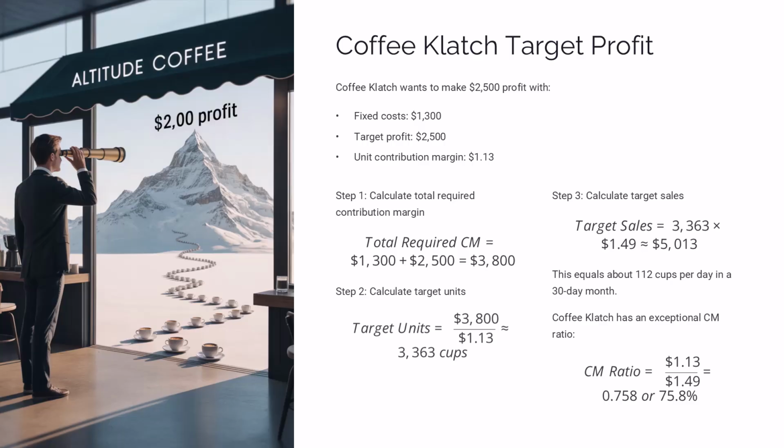When Howard Schultz was building Starbucks, he realized that coffee had better contribution margins than almost any other food service business, which is why he could pay higher wages, offer health insurance, and still be hugely profitable, revolutionizing both the coffee industry and retail employment practices.